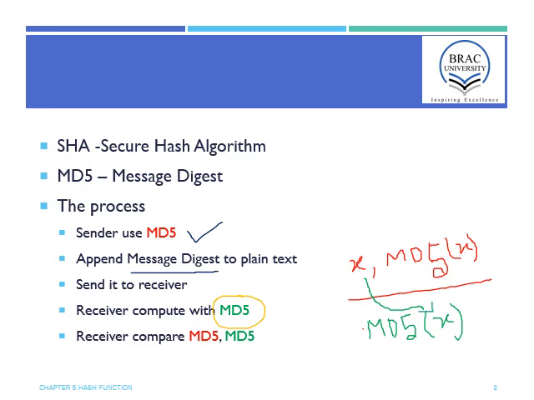So this is the X. Then he compares this MD5 and this MD5. If both of them are the same, that means there is no alteration in X. If there is even 1 bit of alteration in X, this MD5 and this MD5 will be different. In that way, the receiver will know that there is some tampering in the input.